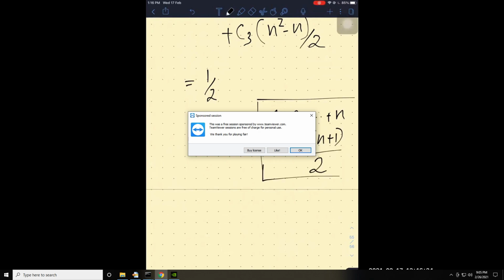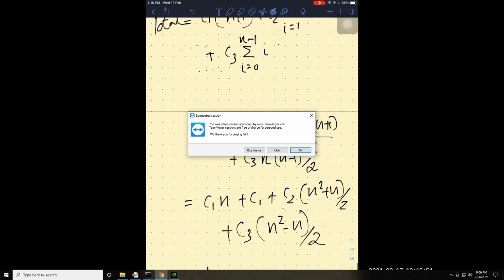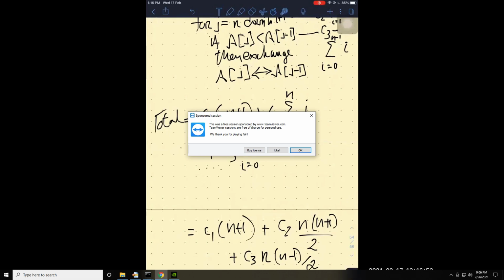This is the formula for the sum of any such series. Is it clear? By using this formula, we get the sum for those two summations.